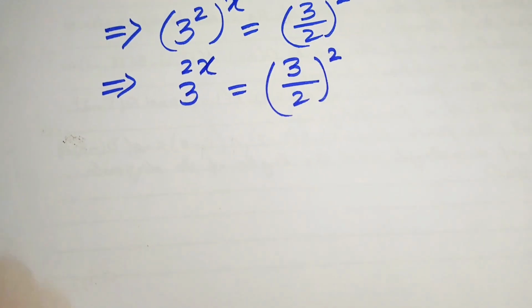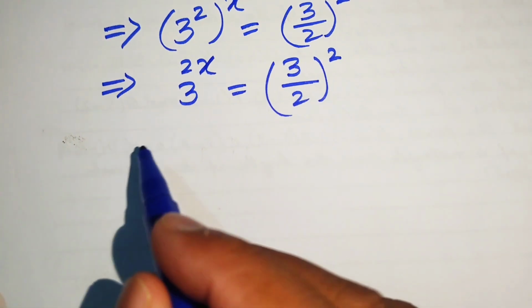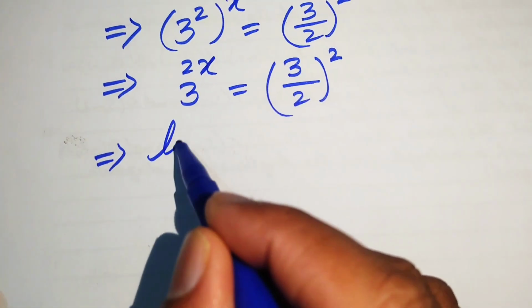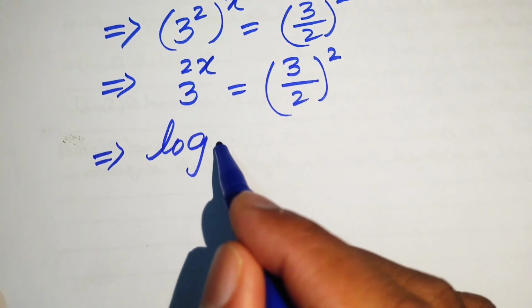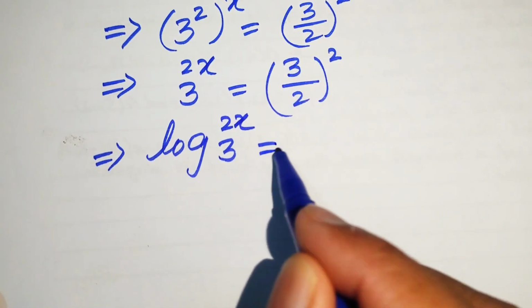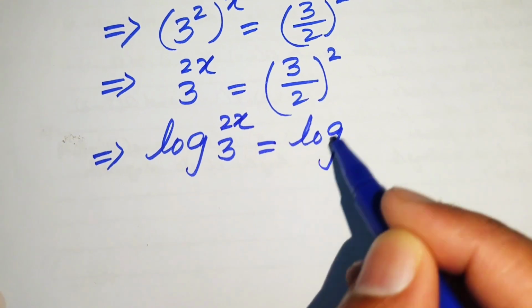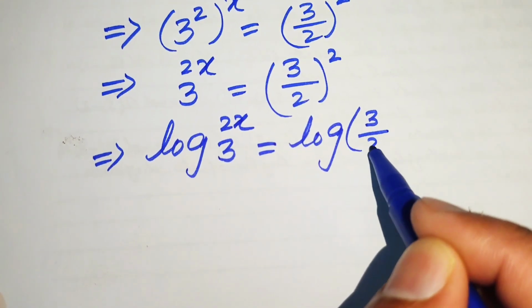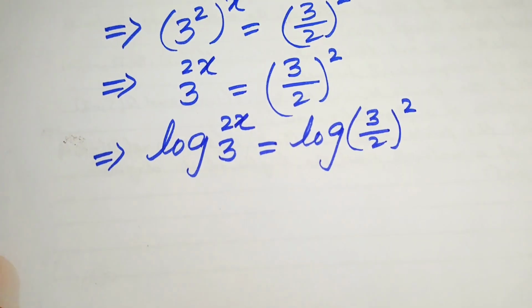Now in order to find the value of x, we need to take the log on both of the sides. So when we take a log, it is written as log of 3 to the power of 2x equals log of 3 over 2 whole square.